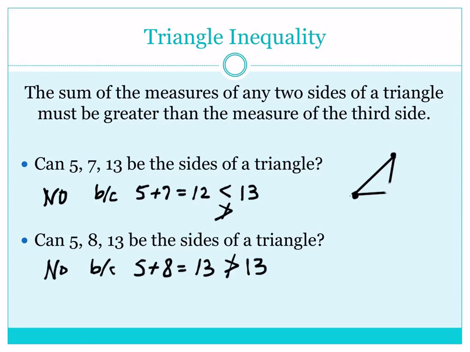Here's my 13, here's my 5, for example, and here's my 8. They'd be right on top of each other because they'd be the exact same length. That is not a triangle, right? It's not disconnected, but it's not a triangle either.